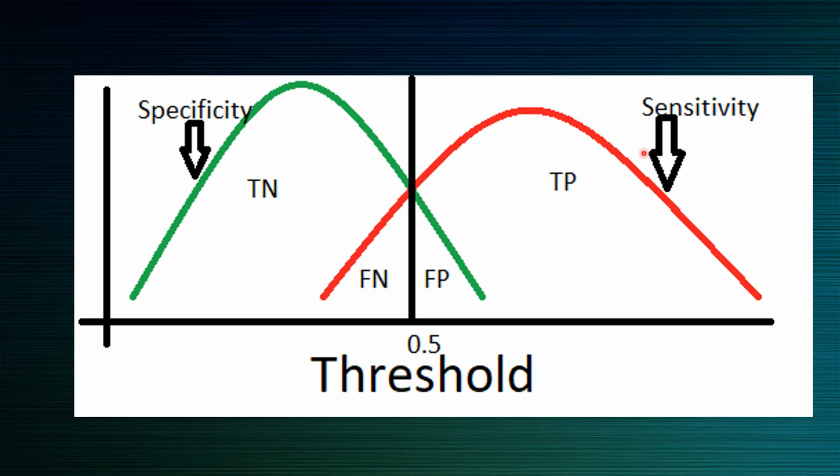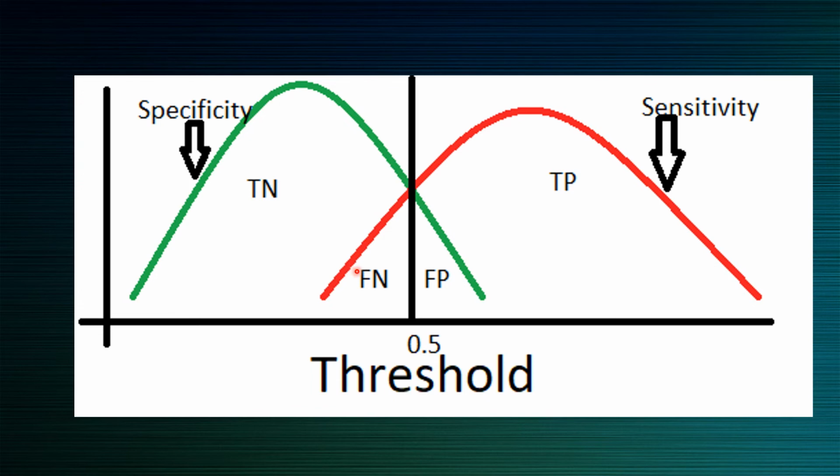What is sensitivity or true positive? A person who actually has diabetes is predicted to have diabetes. Here, when these two curves overlap, we have false negative and false positive. So basically, in FP, a person who does not have diabetes is classified to have diabetes. Here in FN, a person who has diabetes is classified or predicted to not have diabetes.